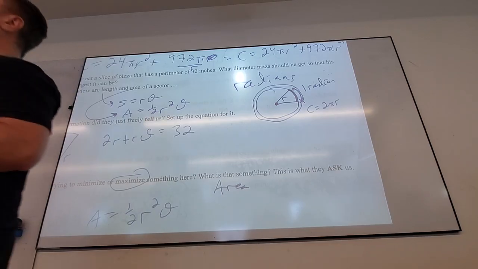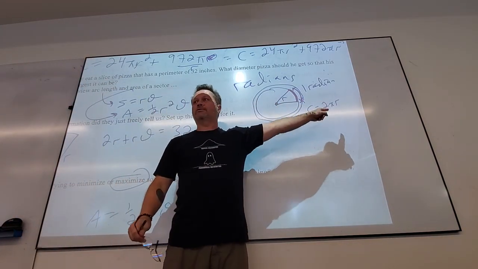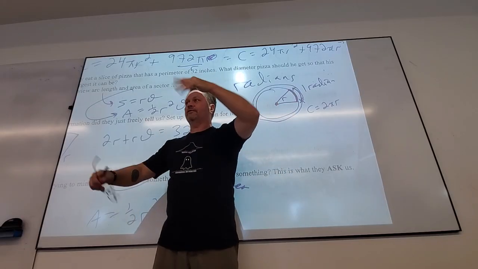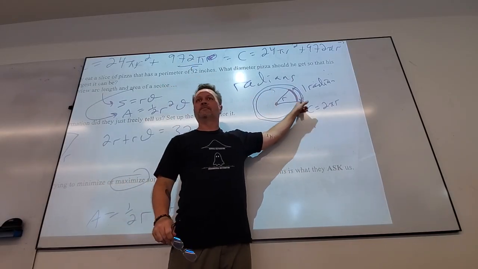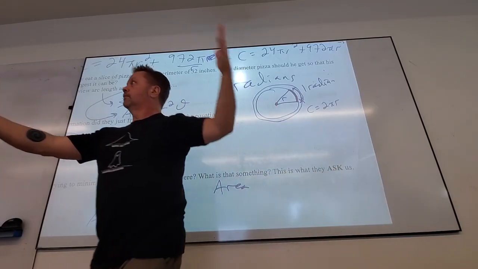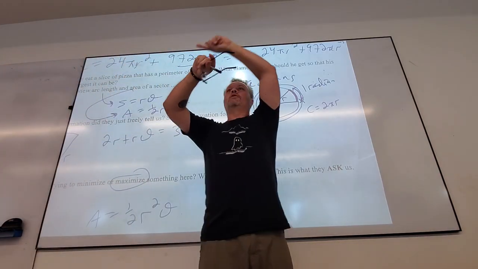So how many radiuses do you go all the way around the circle? The answer's right there in your face. 5r is 5 radiuses. How many radiuses do I go to get all the way around the circle? 2 pi. 2 pi radiuses gets me all the way around the circle.